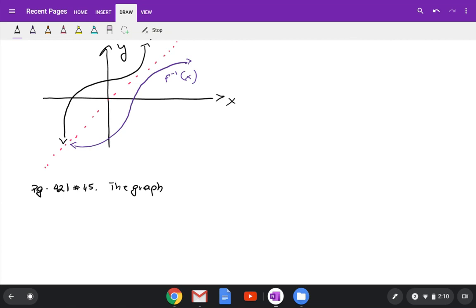The graph of a one-to-one function is given. Draw the graph of the inverse function.